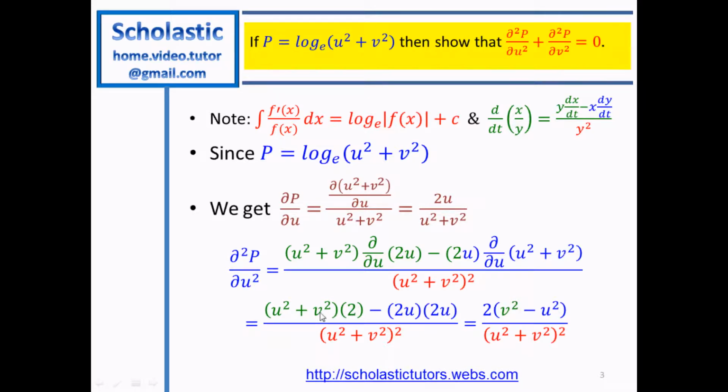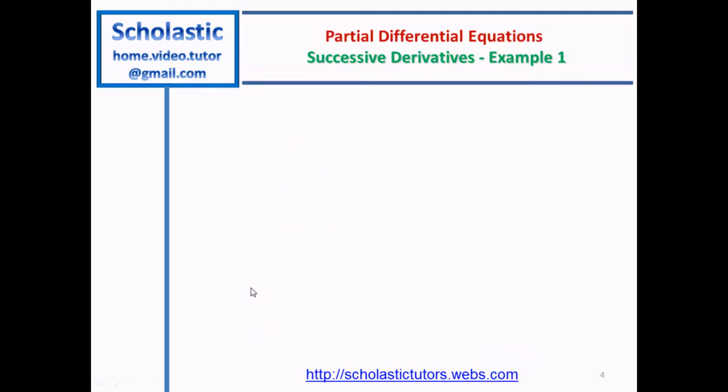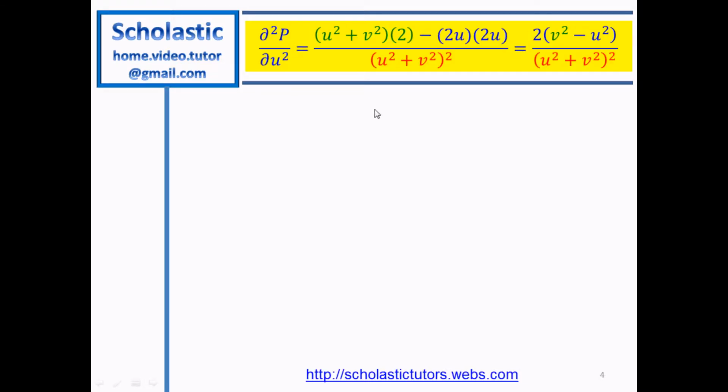That means 2u squared minus 4u squared becomes minus 2u squared, so minus 2u squared comes here and plus 2v squared comes here. The denominator still remains as u squared plus v squared, the whole squared. That is the second successive partial derivative of P with respect to u, which is what we got just now.